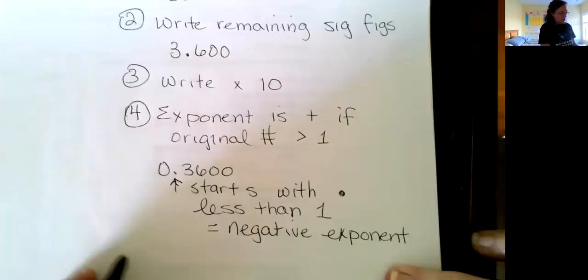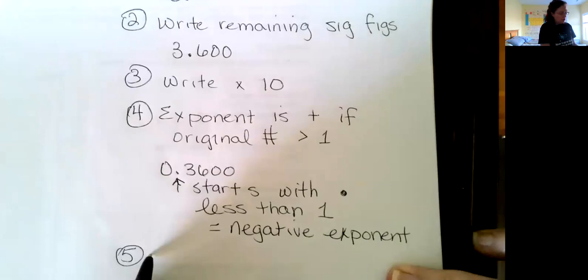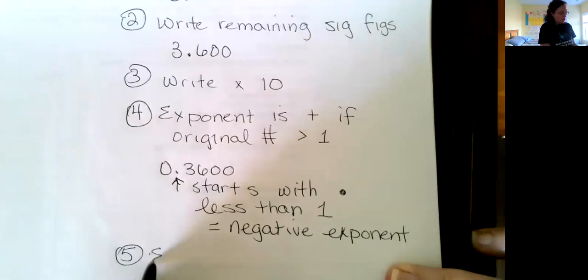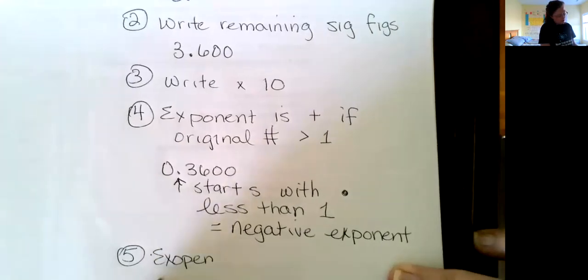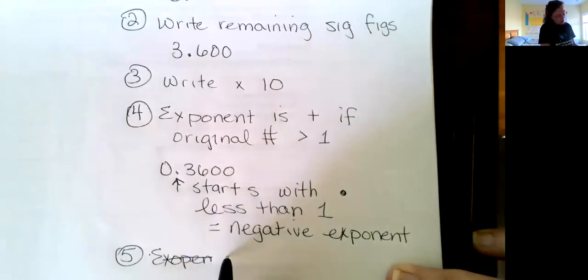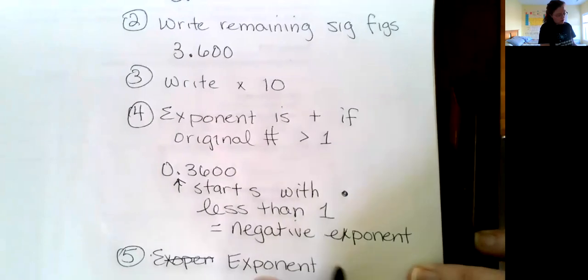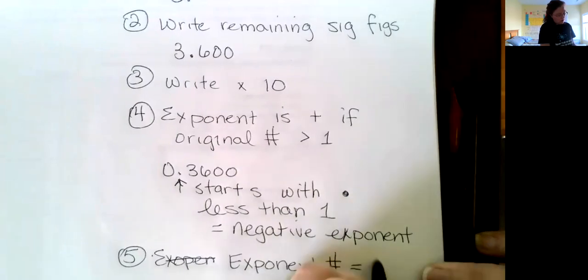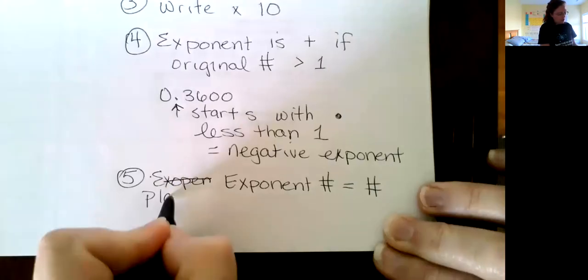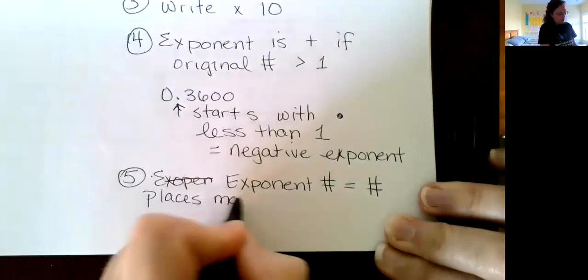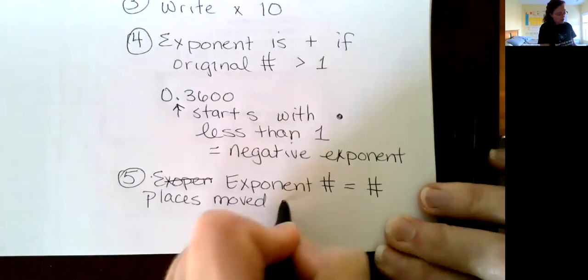Step 5, the exponent number, wow, I really spelled that one wrong. Exponent number equals the number of places we moved the decimal.